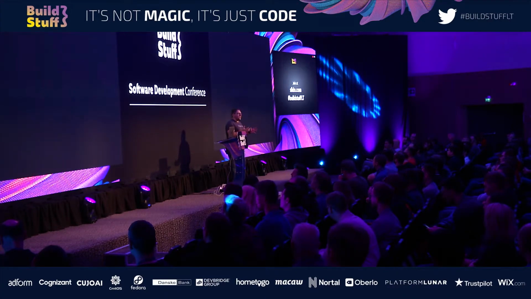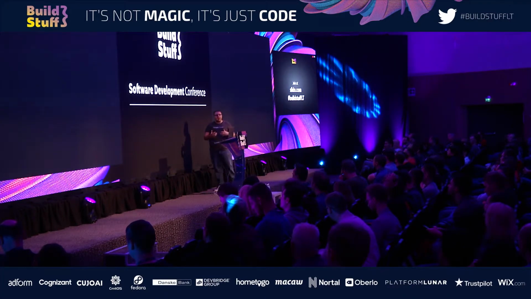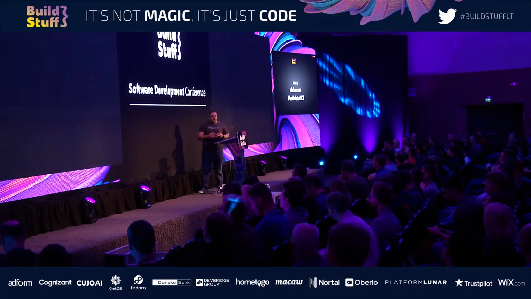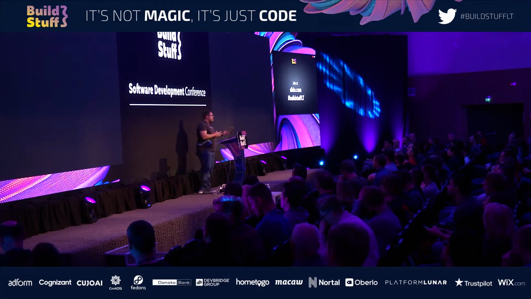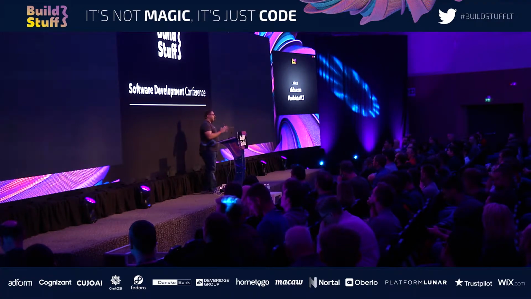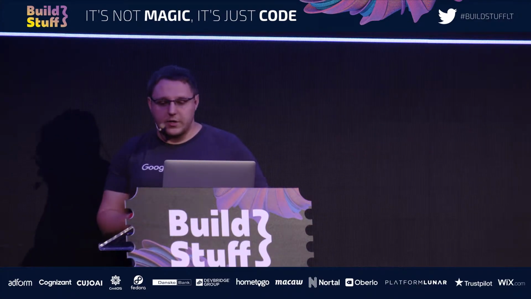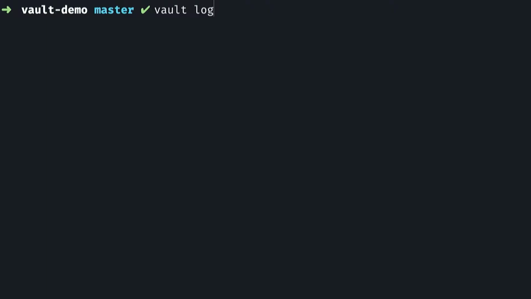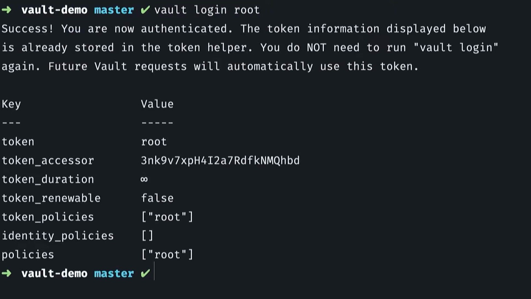I can do anything. In reality, when a user authenticates to Vault, that authentication is usually delegated to something like LDAP or GitHub, Active Directory, et cetera. But for the purposes of this demo, I'm just going to log in as the root user for now. So I'm logged in as the root user. I'm now sudo. I can do anything. Not best practices. Don't do what I do.